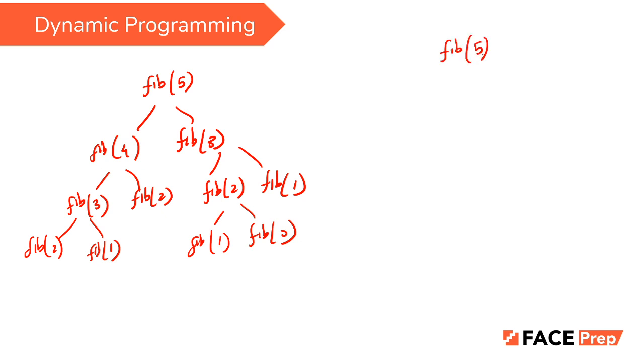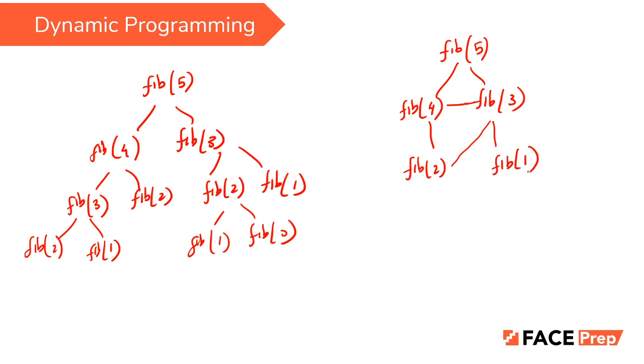Here, fib of 5 is going to call fib of 4 and fib of 3. Now fib of 4 will again call fib of 3 and fib of 2. Fib of 3 will call fib of 2 and fib of 1. Fib of 2 will call fib of 1 and fib of 0.